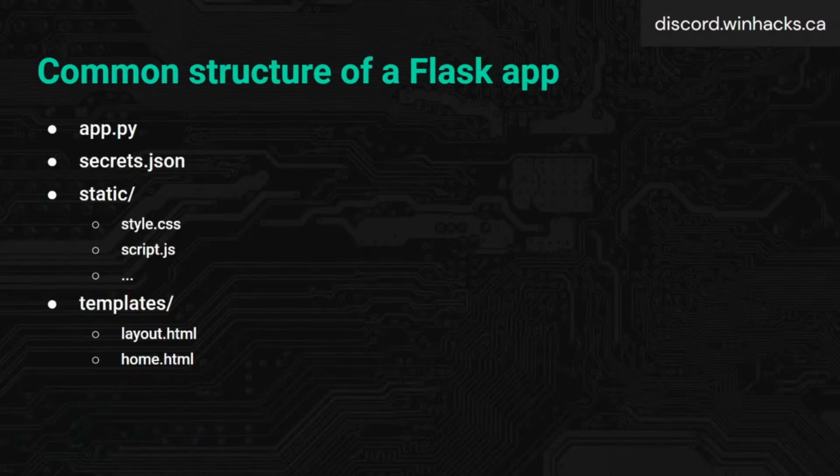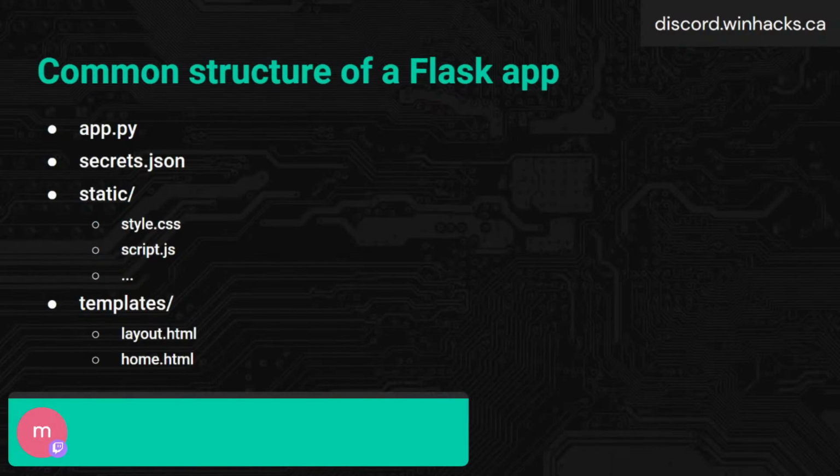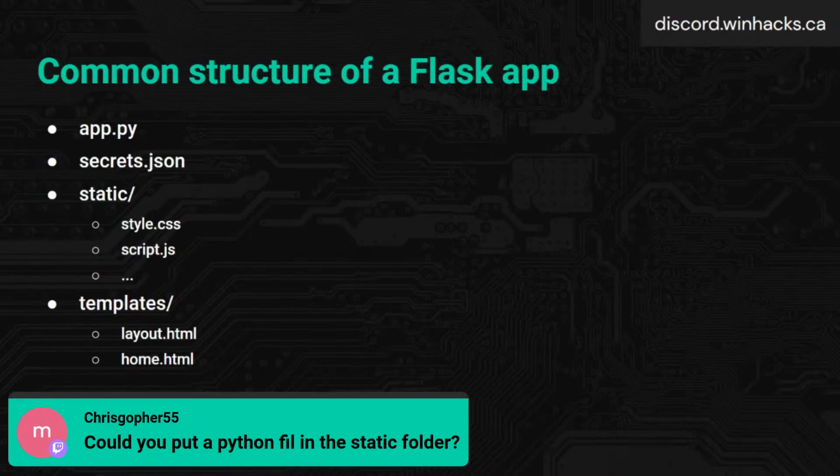And I'm seeing another question here. Could you put a Python file in the static folder? The answer is yes, but you probably wouldn't want to. The reason is the static folder is a special folder for Flask where it's just for serving the actual content of the files, right?